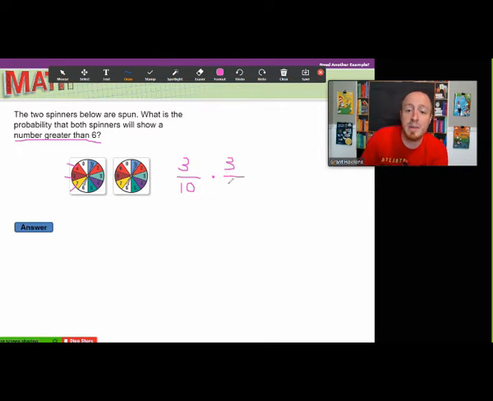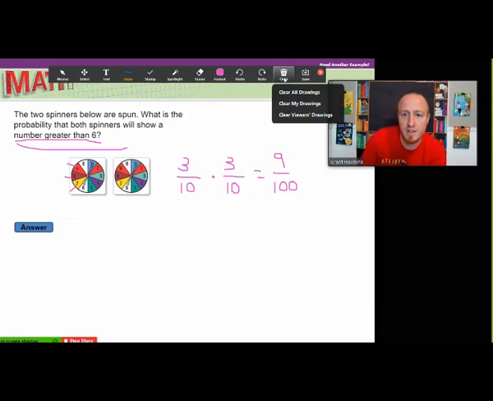And it's an independent event because it doesn't matter what you get on this one, it's not going to affect your possibilities on this one. So we multiply these, we get 9 out of 100, or a 9% chance that both numbers are greater than 6.